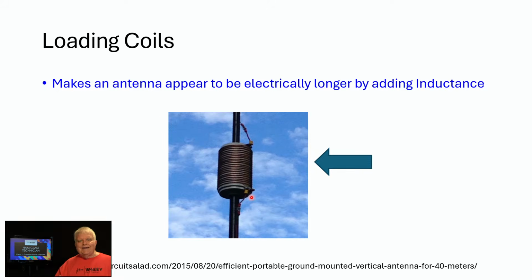But if we add an inductor to the center of the antenna, like this, it makes the antenna look electrically longer. And so that's how we can get HF antennas on cars, by using these big coils, because of the formula we just saw. Now, the bandwidth of the antenna, the usable frequency range over which you can transmit, gets much smaller. You don't get something for nothing. So that's what happens here.